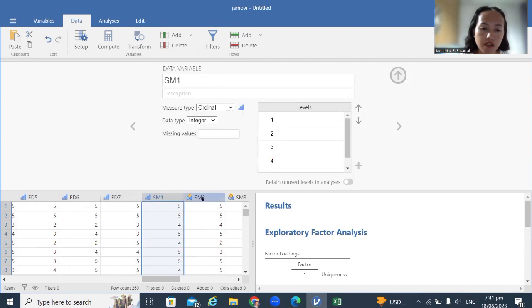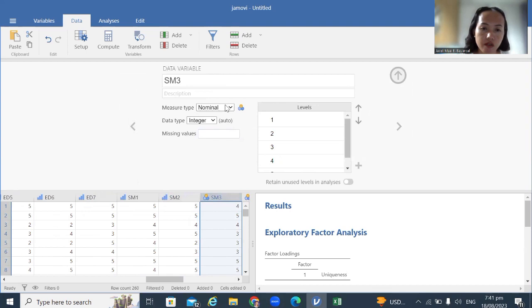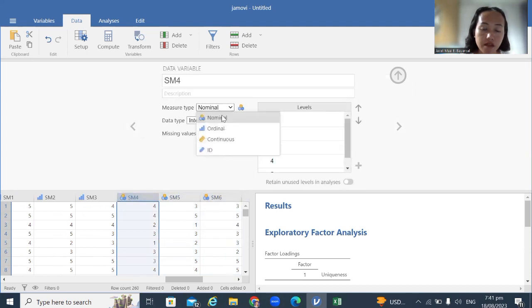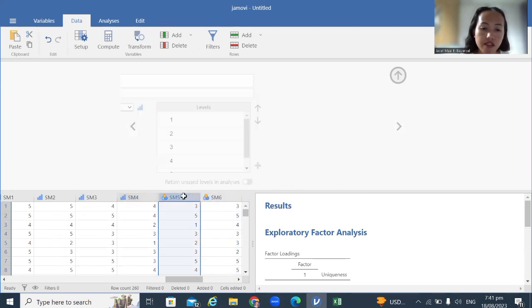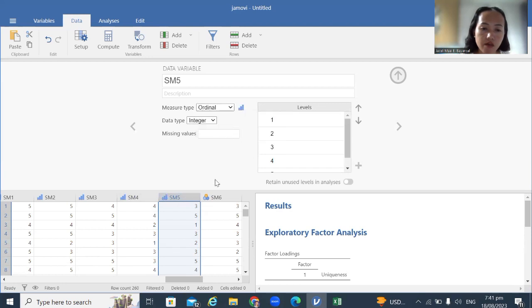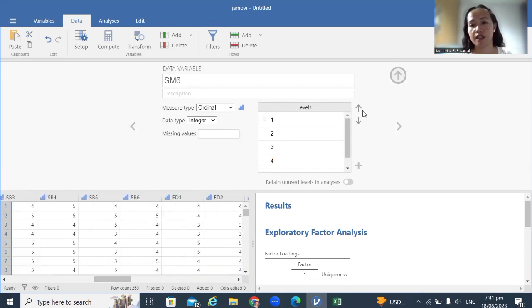So we will be having this one as ordinal data. Remember that our test statistic for this one is exploratory factor analysis. So we will change this one by one. So that's it. Okay. Then click the upper right arrow to hide.